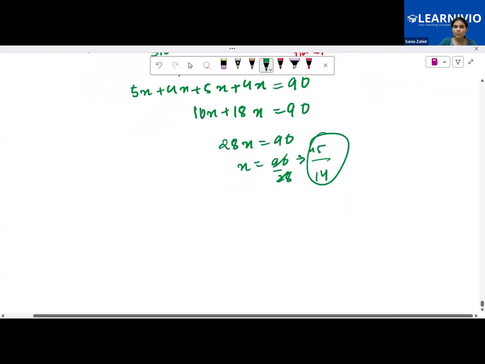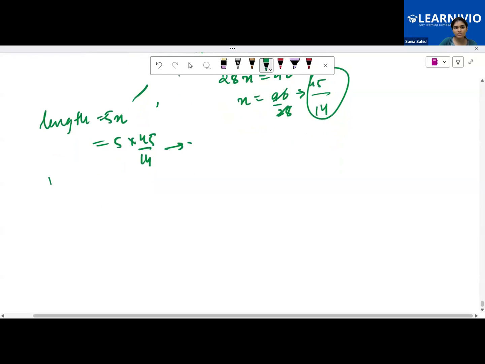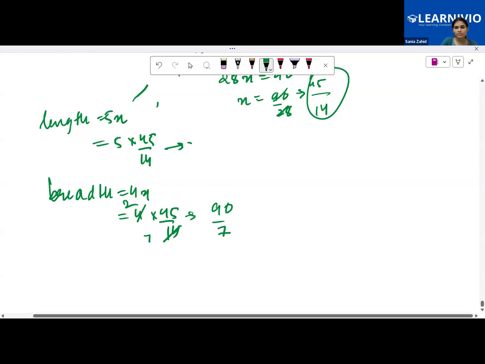If x is 45/14, what will the length be? Length was 5x. That means length will be 5 into 45/14. You can solve this. And what will be the breadth? Breadth will be 4x, or 4 into 45/14, which is 90/7. This you can solve. So this way you can solve such questions.